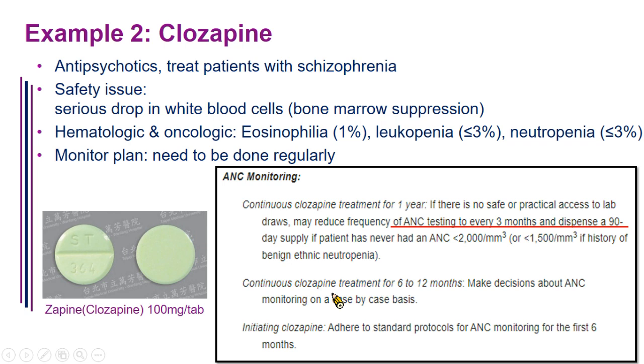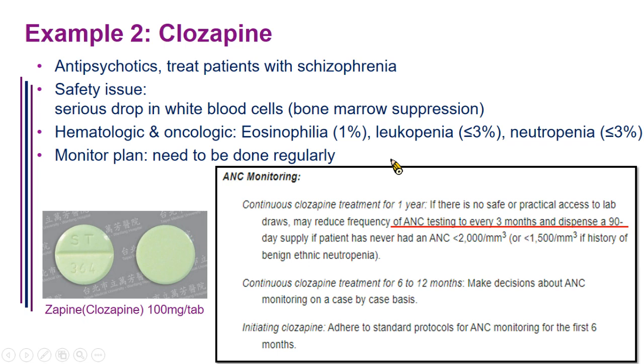What is the monitoring plan? Blood has to be drawn regularly. According to the picture here, I used the Lexicon data that the ANC monitoring is to decrease the frequency. For those who plan to use clozapine for longer than 1 year, you should have your baseline ANC checked and then every 3 months for the supplied.